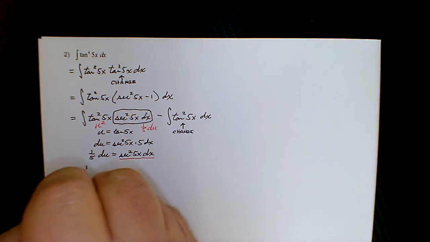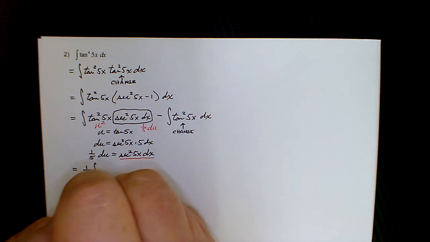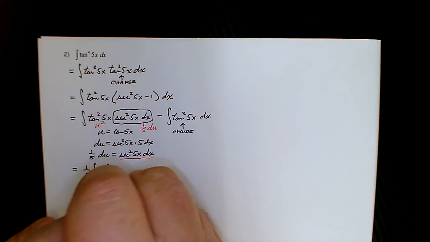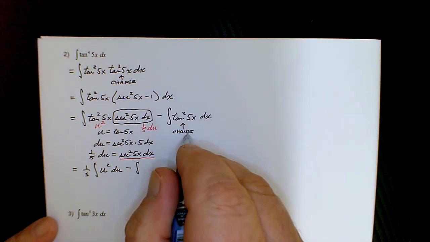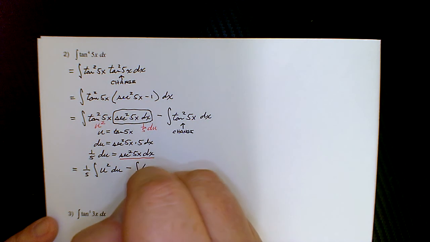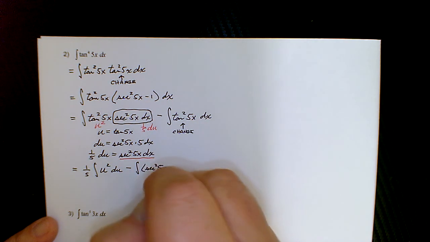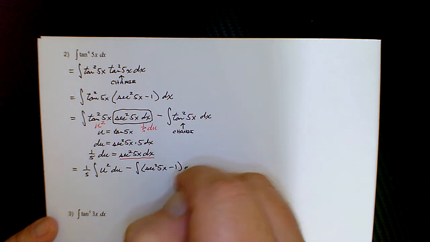Okay, so change of variables now. 1/5 integral u squared with respect to u. Minus integral, as we said here, we'll change this to secant squared of 5x minus 1 again.